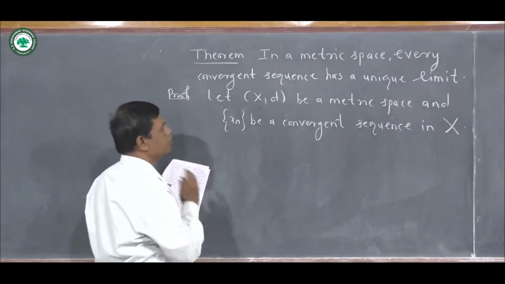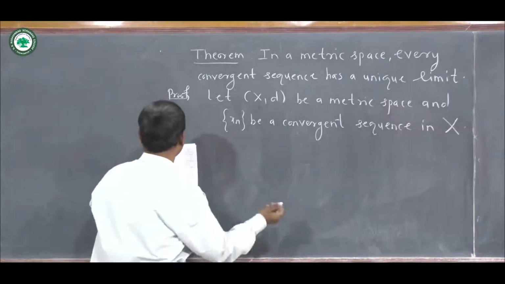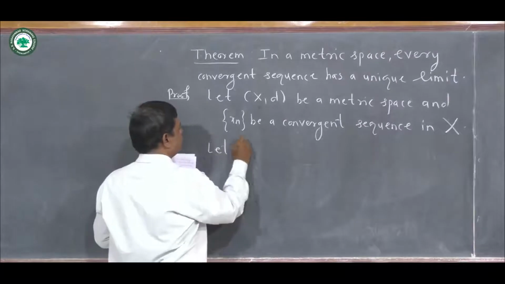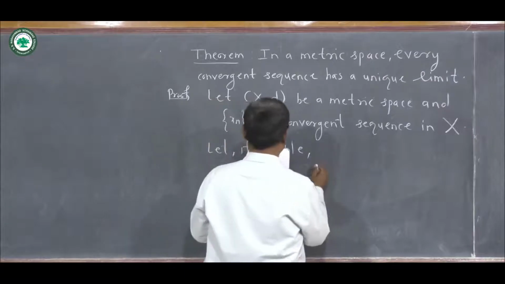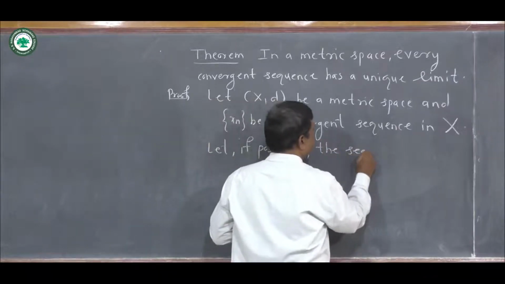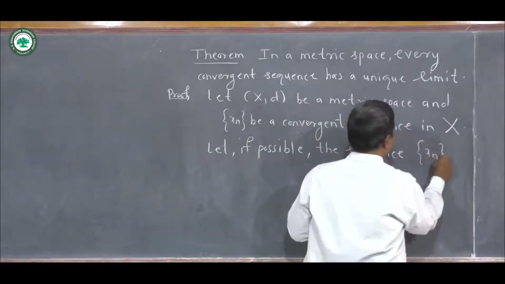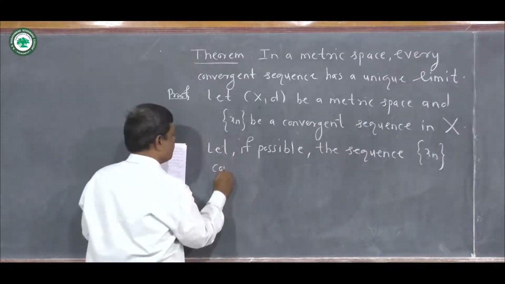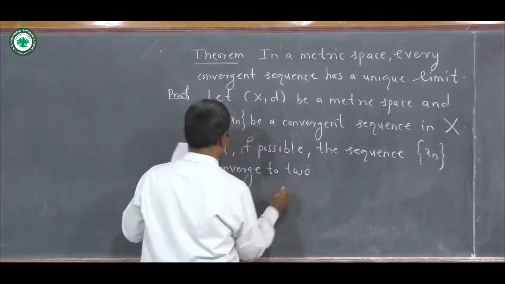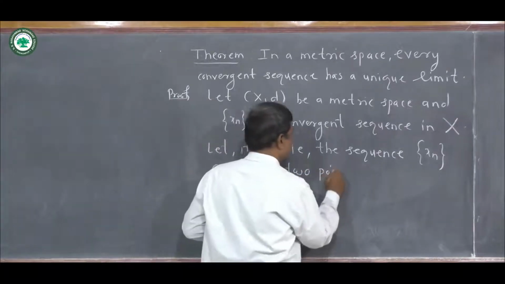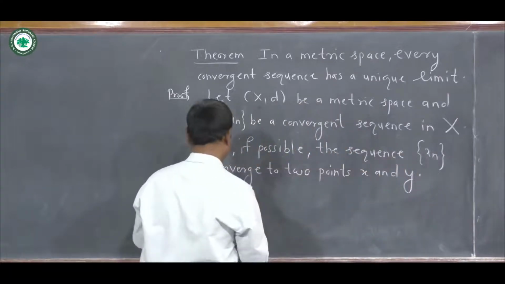For that, we consider that if this sequence has two limits, x and y. So we write: let, if possible, the sequence xn converge to two points x and y.